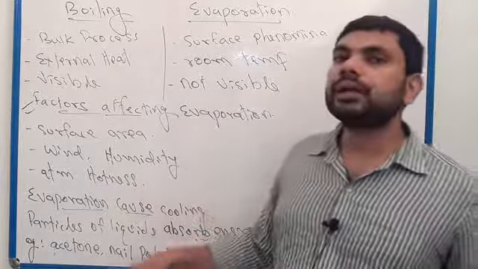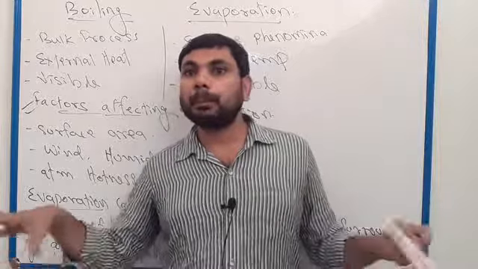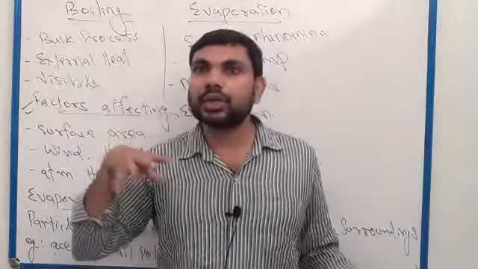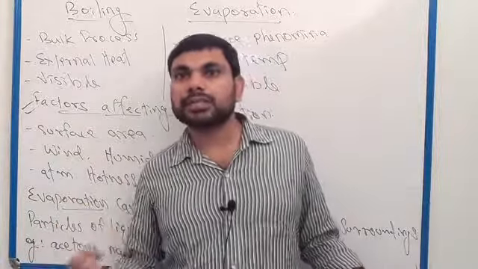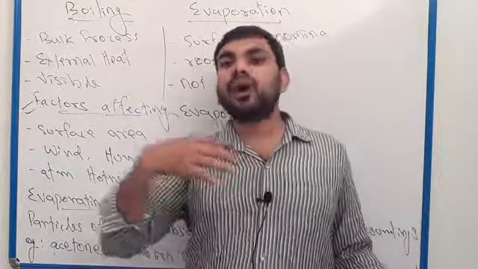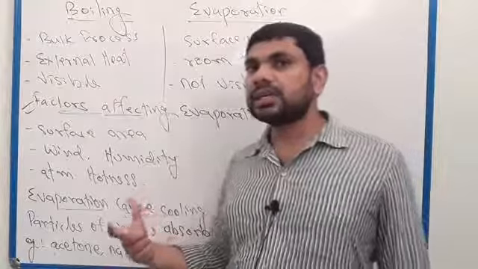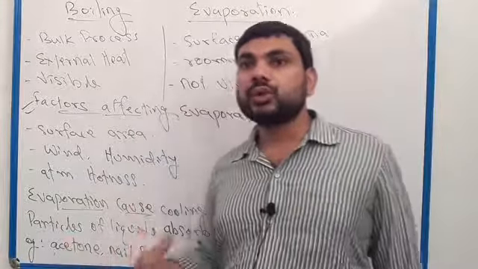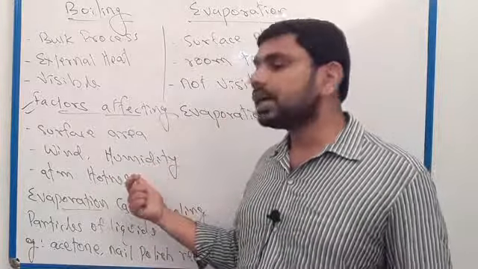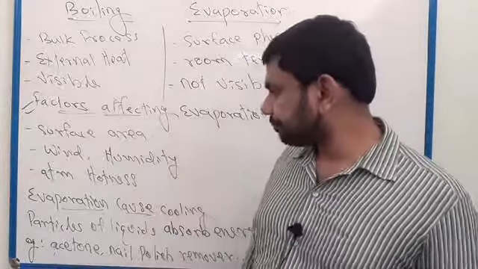Next one, atmospheric hotness. On hot, sunny summer days, ponds and rivers become dry, meaning water evaporates faster, because water particles gain more kinetic energy and can move faster. So these are the factors affecting evaporation: surface area, wind, humidity, and atmospheric hotness.